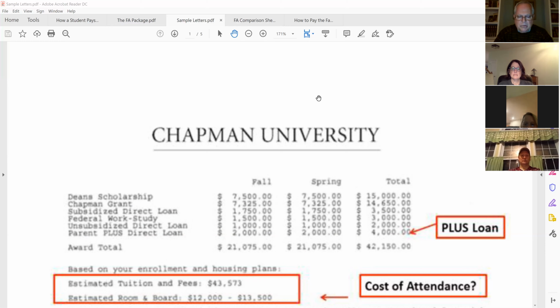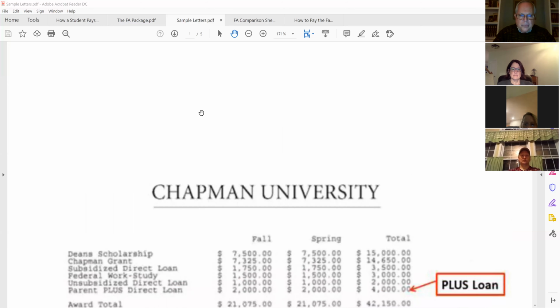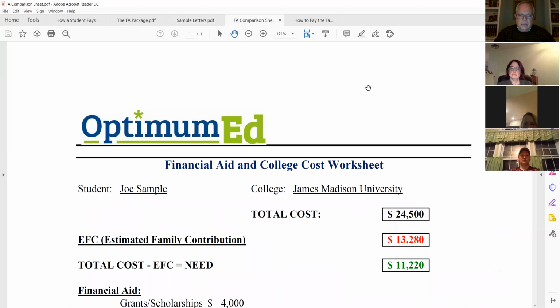Okay, so what we want to do is create a circumstance where we can put these side by side in the same format, so that it's easy to understand what we're giving.